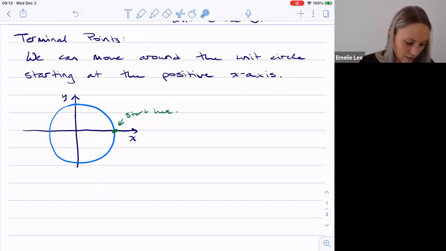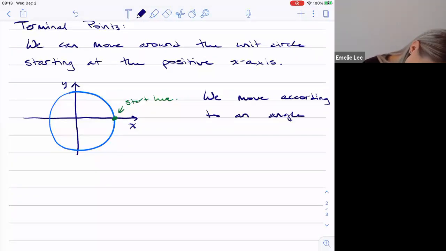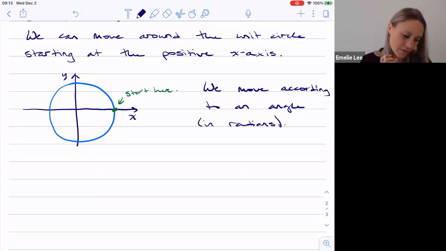Okay, so we'll start talking about angles first. We move according to an angle, in radians. Okay.